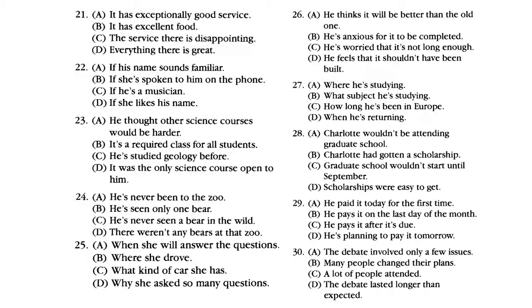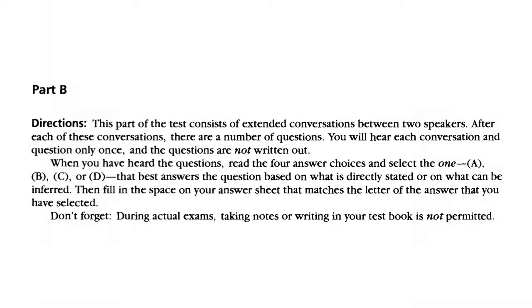This is the end of Part A. Go on to Part B. Part B. Directions. This part of the test consists of extended conversations between two speakers. After each of these conversations, there are a number of questions. You will hear each conversation and question only once, and the questions are not written out.